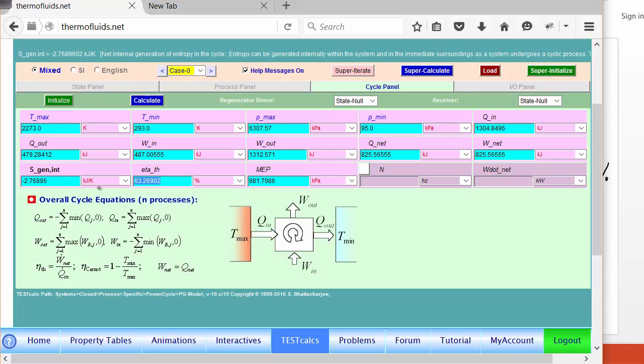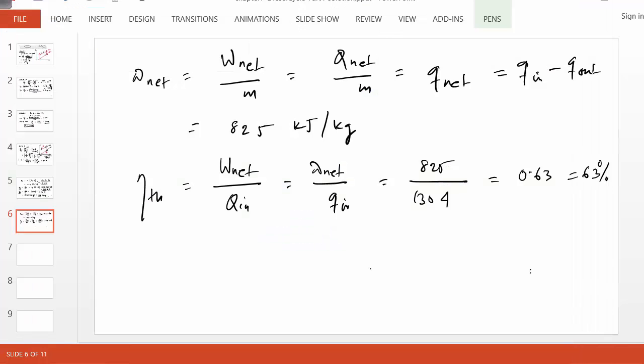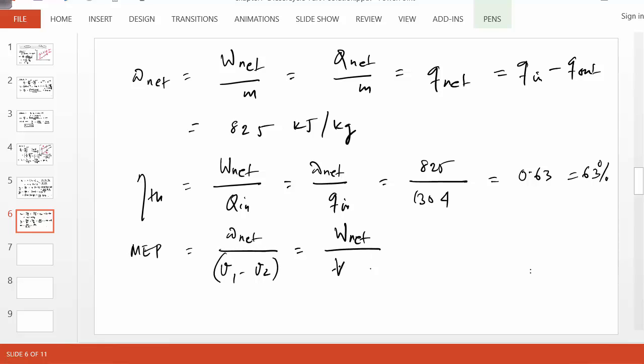If we want to find other quantities such as MEP, essentially mean effective pressure is an average pressure that produces the same amount of output as the piston moves from top dead center to bottom dead center. So the displacement times pressure. So essentially W net divided by V1 minus V2, essentially we're taking the mass out.